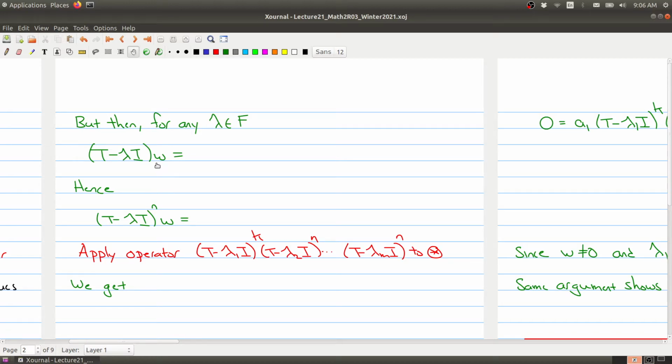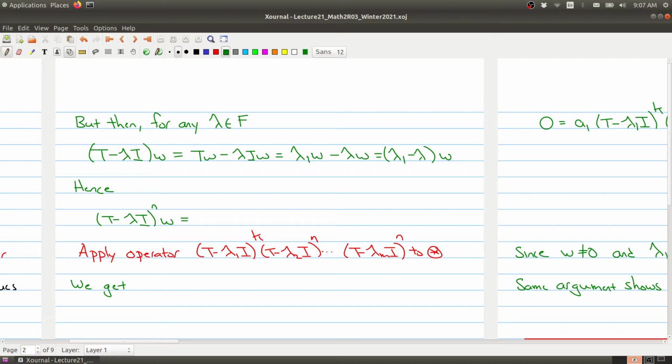This is Tw minus lambda Iw, and Tw, as we just saw, is lambda 1 w, and on the other side I get lambda w, so I get (lambda 1 minus lambda) times the vector w.